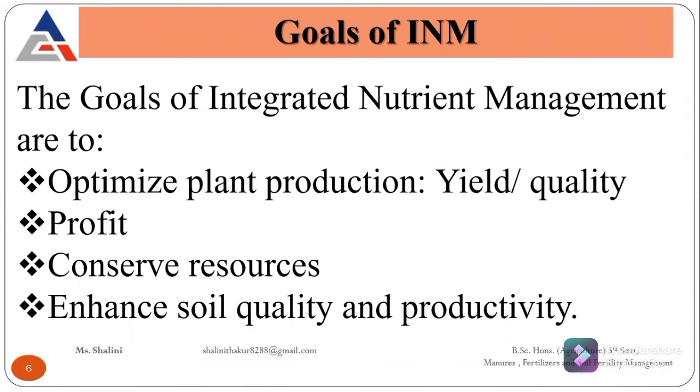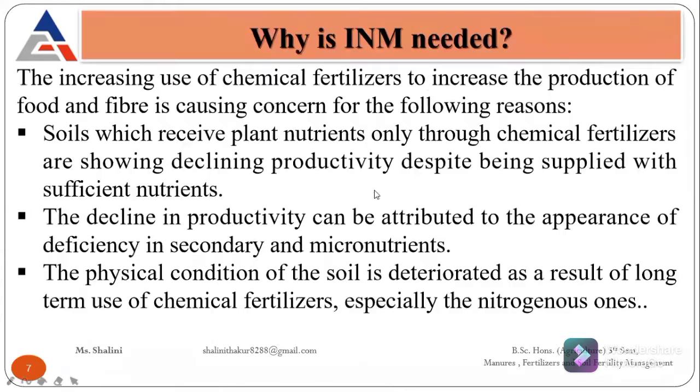We are also conserving our resources, since there is no overutilization of any input which we apply to the field. And as we apply biofertilizers and organic manures, soil health, quality, productivity, and fertility also improve.